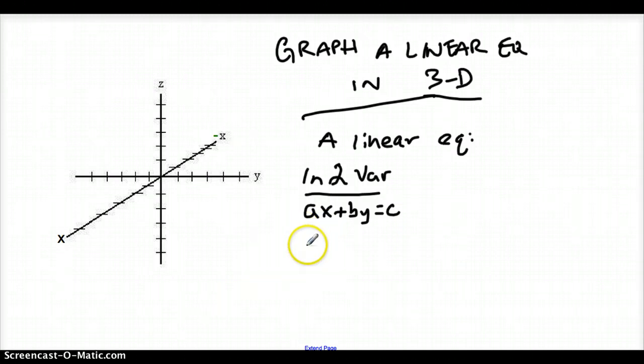All of its solutions. So in two variables, it graphs a line in two dimensions, okay?